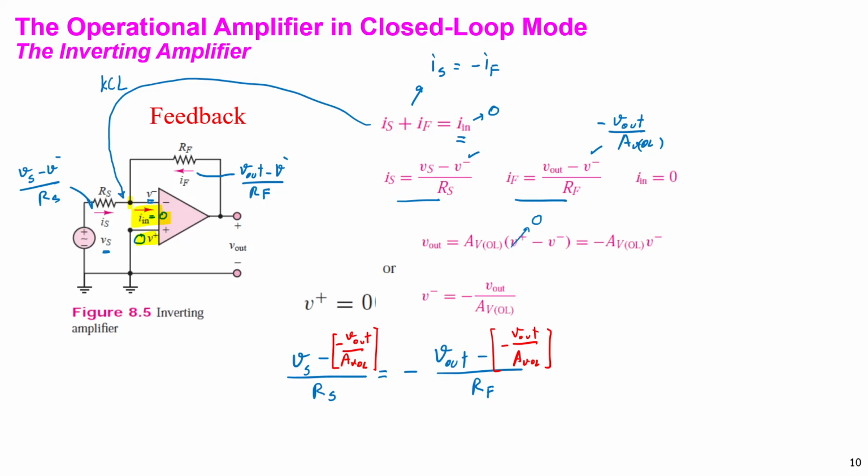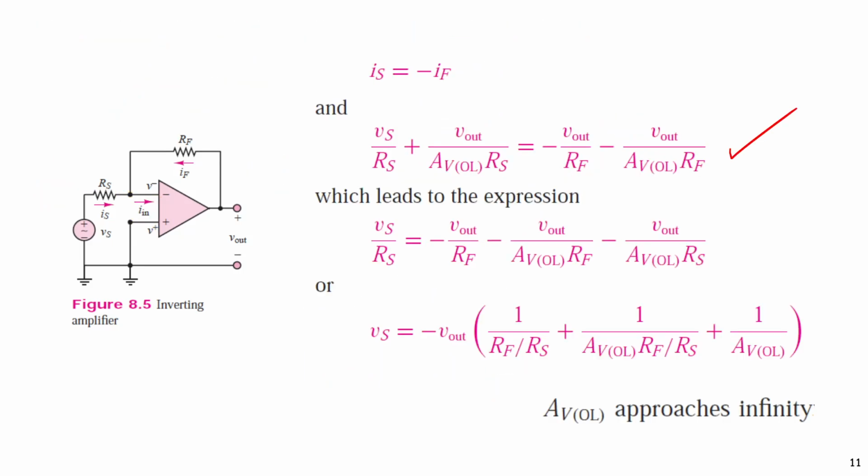So we can express V_S by R_S as minus V_out by R_F minus V_out divided by the open loop gain times R_S, like this. Okay.